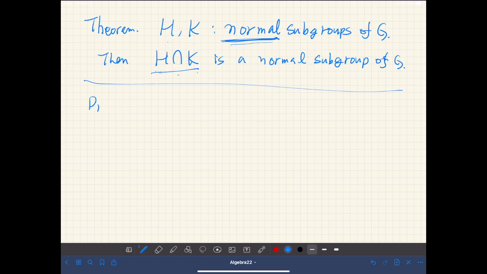So let's prove this. And about the subgroup part, we have already shown. So what we need to show is the normality part. Okay. So let's see.